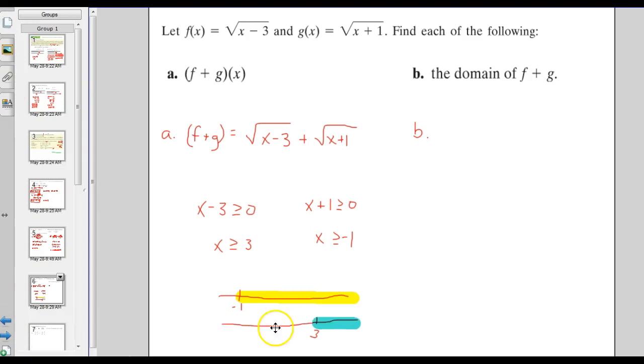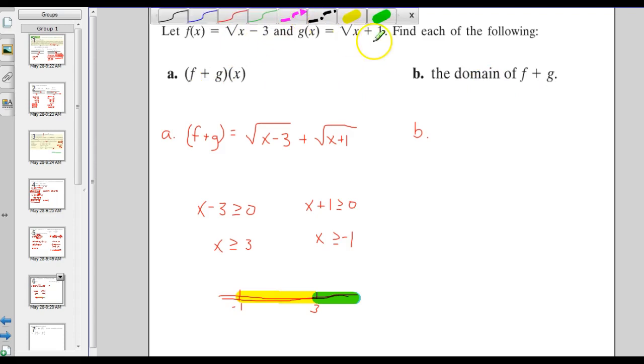Now when I combine them together, notice when I lift this up here and let the 3 and the negative 1 be on the same number line, the 3, it just all changes to green. So everything bigger than 3 is the green area that satisfies both f and g.